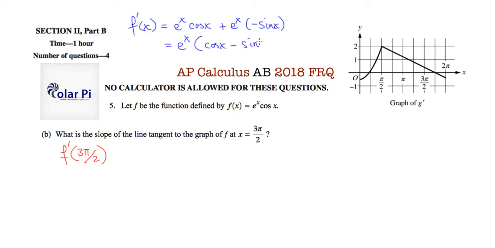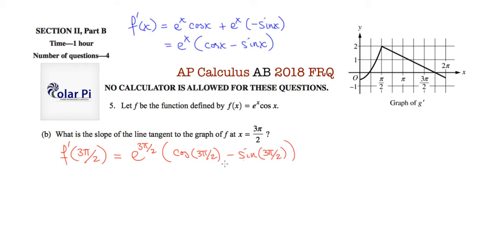Now f prime of 3 pi over 2 is going to equal e to the 3 pi over 2 times cosine of 3 pi over 2, minus sine of 3 pi over 2.